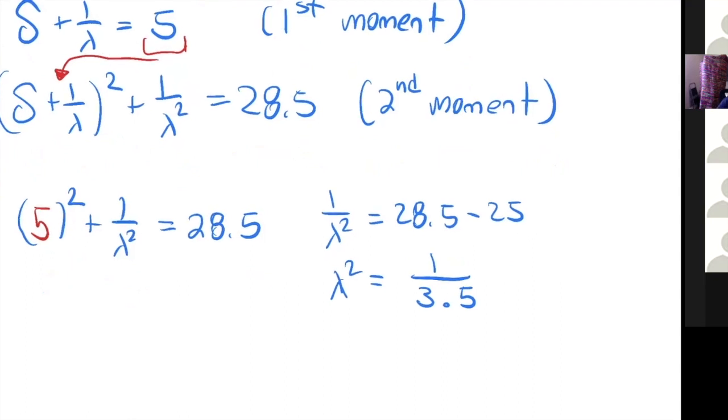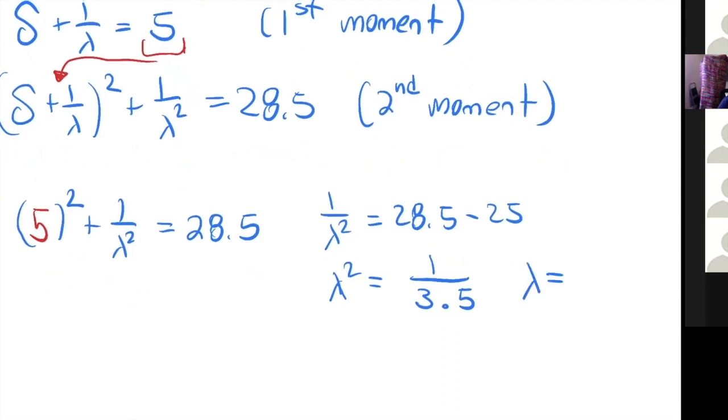Therefore, solving for lambda, we would take the square root of that, and I'll just approximate that. And we would call this the method of moments estimator for lambda, the first one we did.